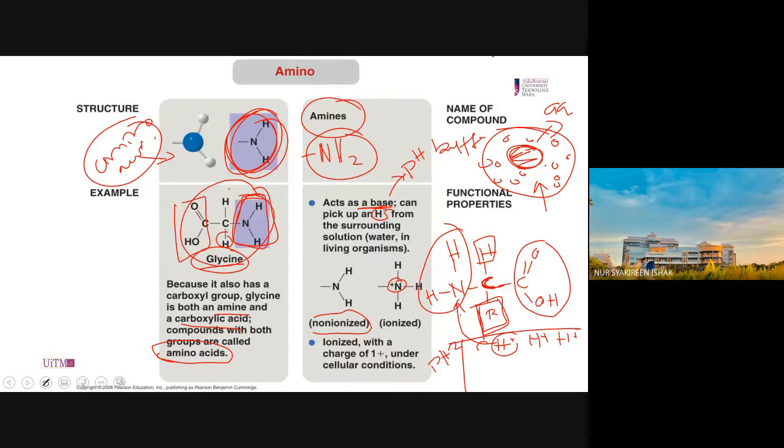When the excess hydrogen ion is picked up by the amino acid, it will increase the pH of the solution. So it is ionized with a charge of 1+ under cellular conditions. These are examples where amino acids act as pH buffer.